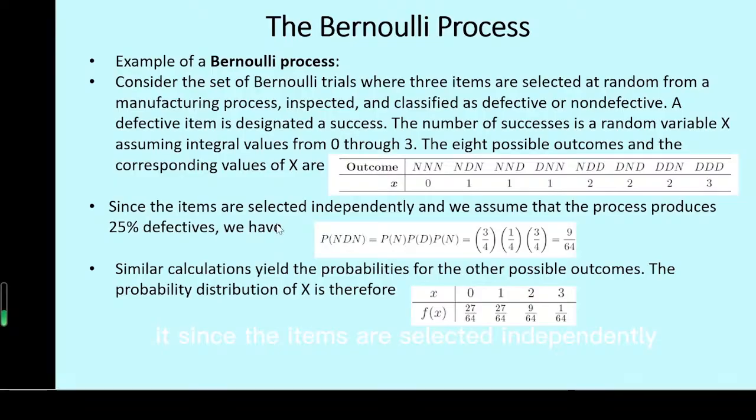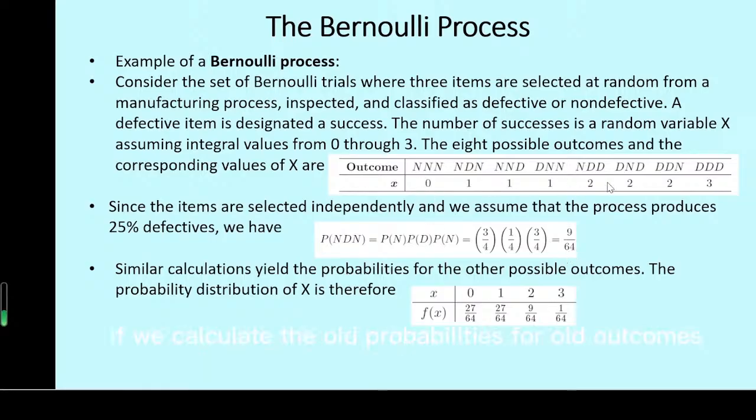And since the items are selected independently, and we assume that the process produces 25% defectives, for example, for the outcome N D N, we can calculate the probability as 3/4 times 1/4 times 3/4, because the result is N D N. And the probability for this outcome is 9/64, right?